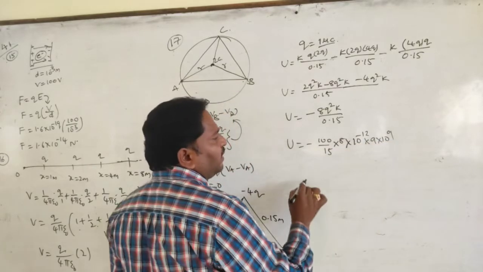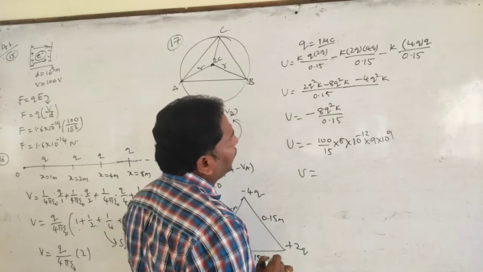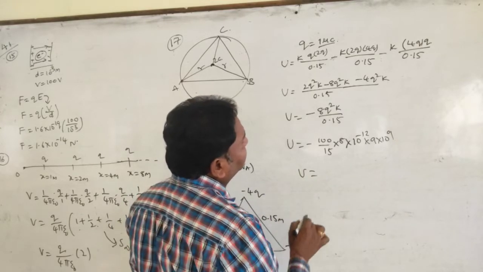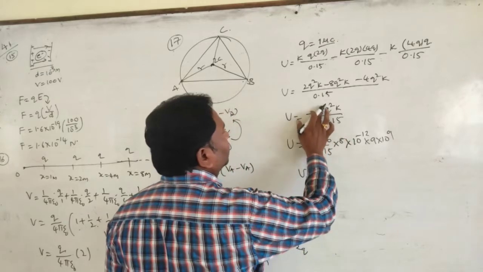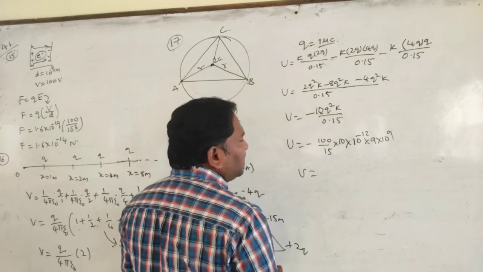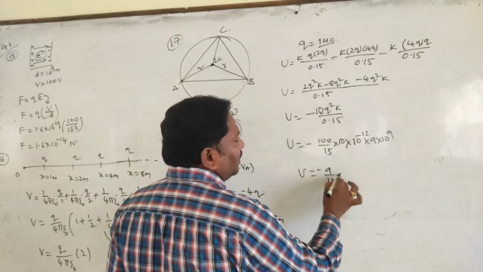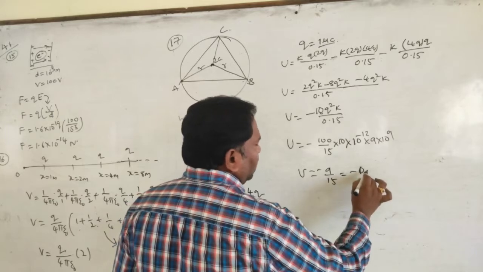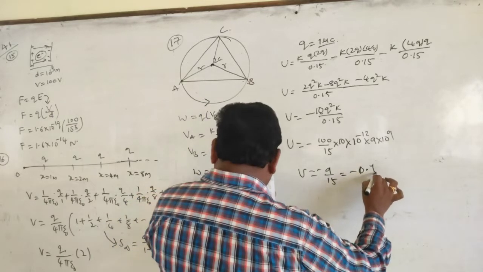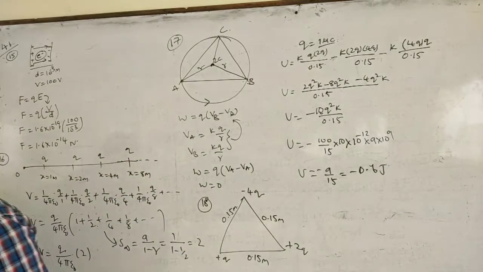So then we will get the answer, U is equal to 9 by 15, this equals to minus 0.6 joules of energy. You will get the answer.